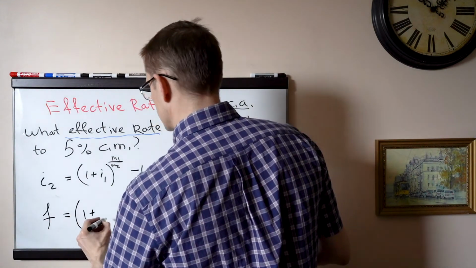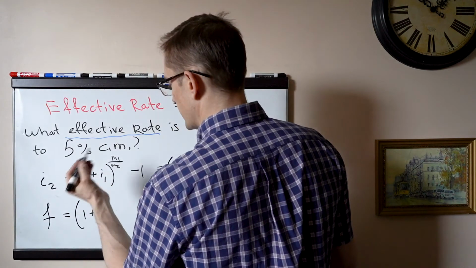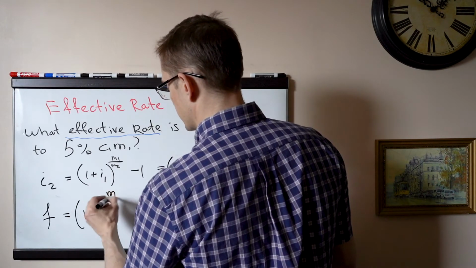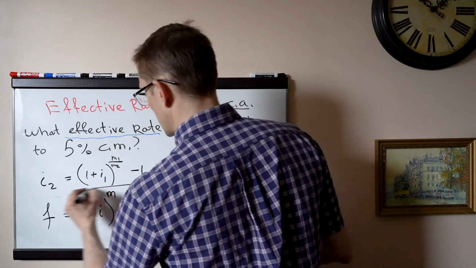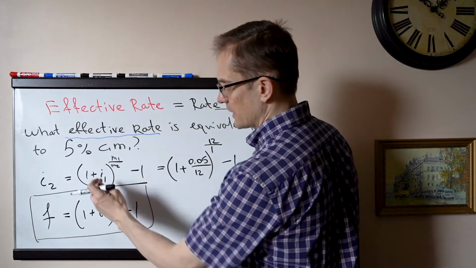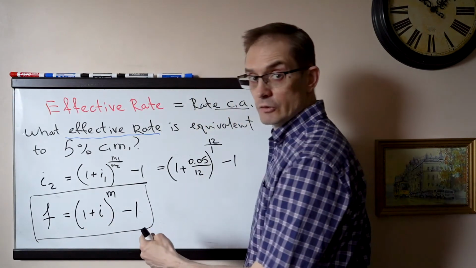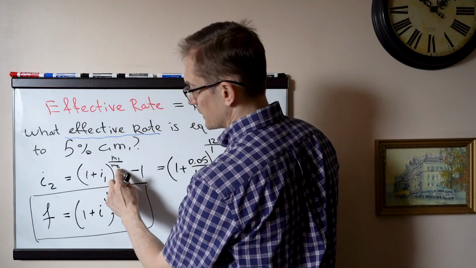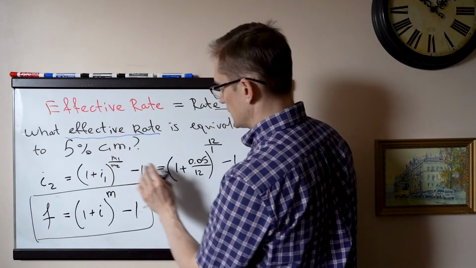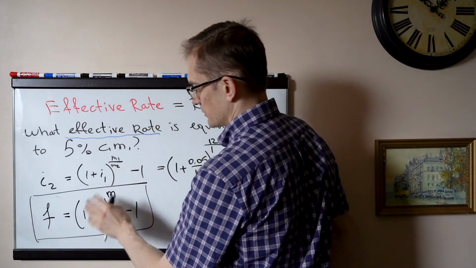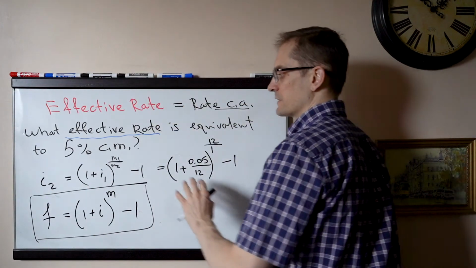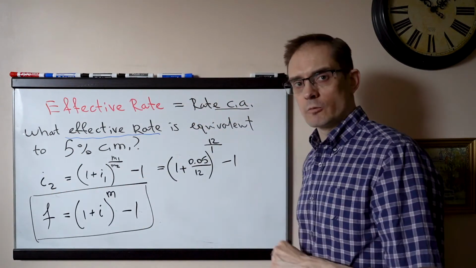So it will be 1 plus I, the rate you're given basically, to the power M, the times that I is compounded, minus 1. So sometimes you can see this formula, but you need to realize that this formula is exactly the same as that formula, so you don't need to memorize new formulas actually, right? So M2 in this case is going to be 1, so therefore there is nothing here, and subscripts are removed just to keep it cleaner. But in reality, this formula for effective rate is the same as this formula that we always use for any equivalent rate.